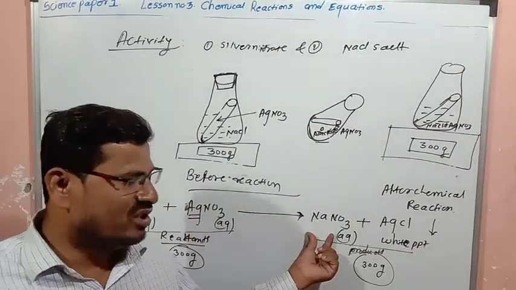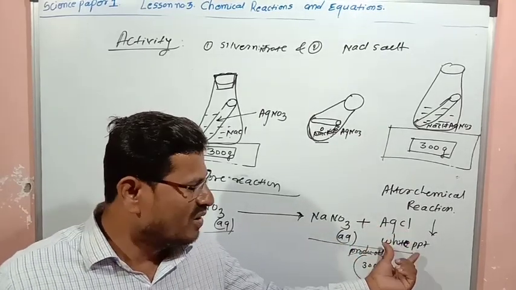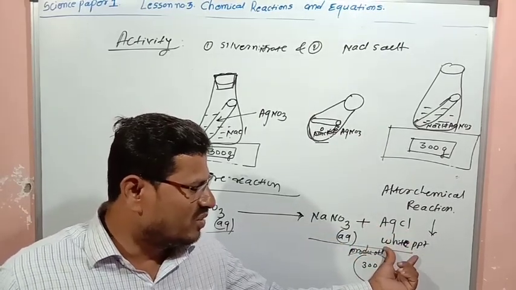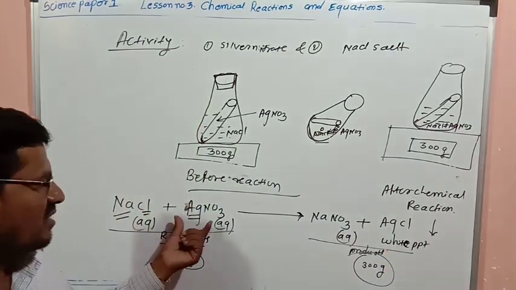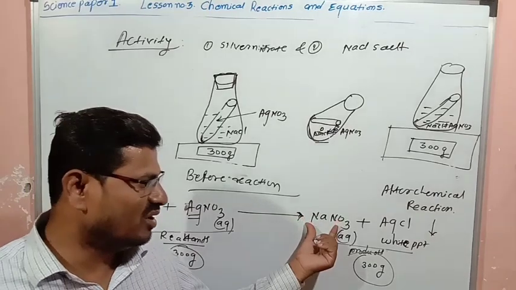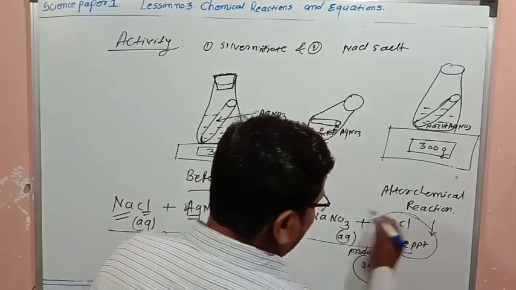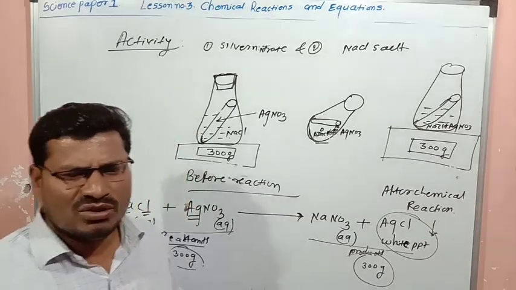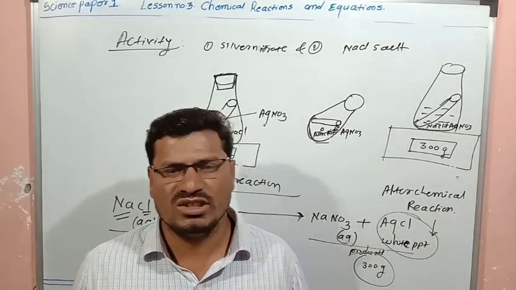It gives sodium nitrate plus silver chloride, and this one will give a white PPT. After this we are going to learn one question that is in the textbook.